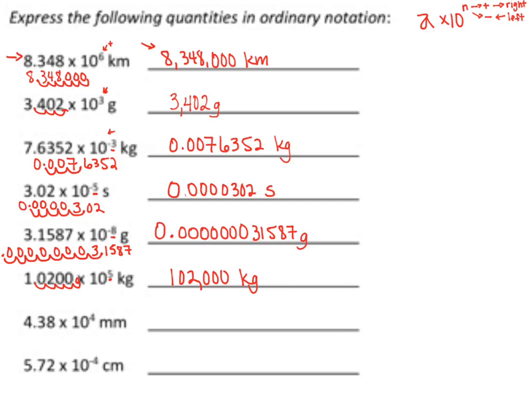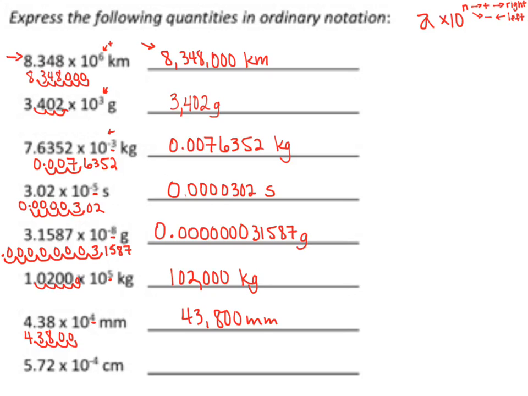Again, here I have a positive exponent, so my decimal point moves over 4 times. So 4.38, 1, 2, 3, 4, add 2 more zeros at the end. So my number is 43,800 millimeters.